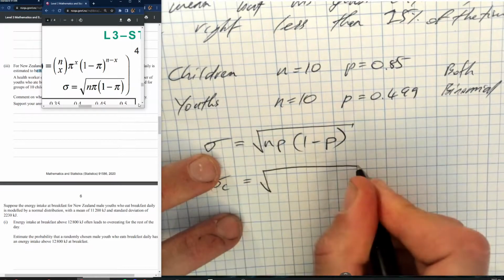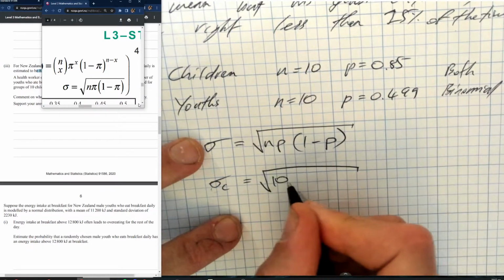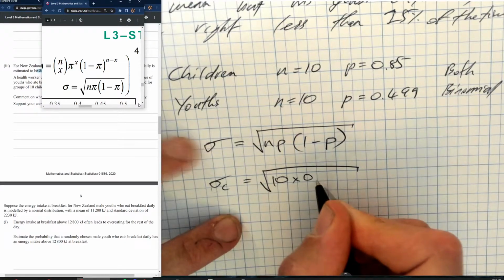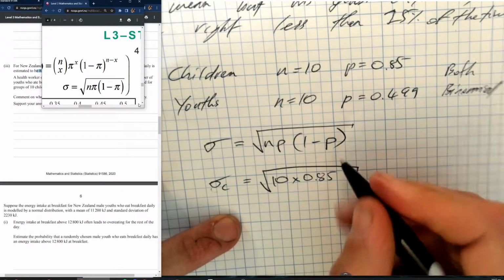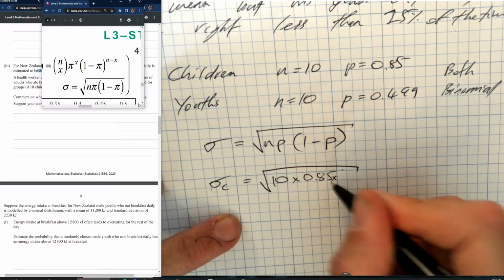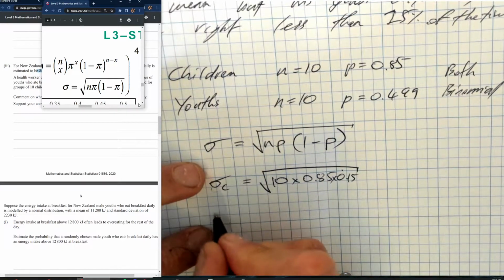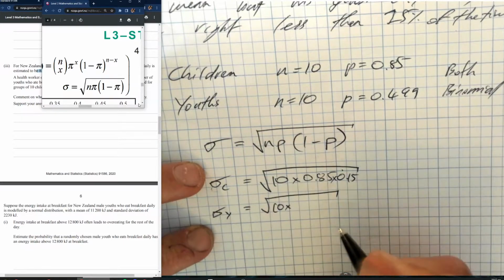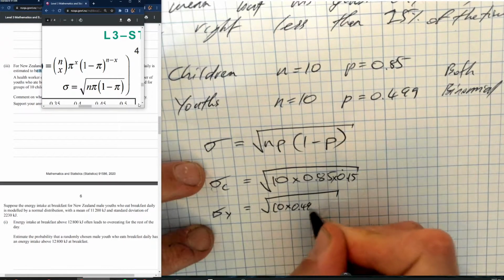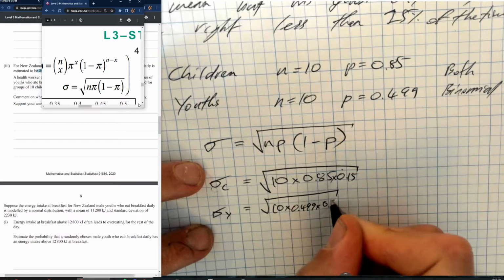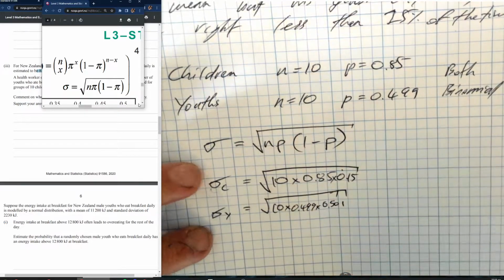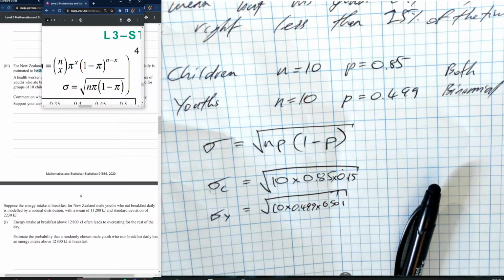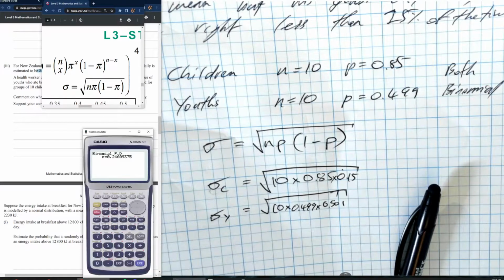So it's going to be square root of 10 times 0.85 times 0.15, and then sigma of youths is going to be square root of 10 times 0.499 times 0.501. And then we just got to prove that one is bigger than the other. Should be pretty straightforward.